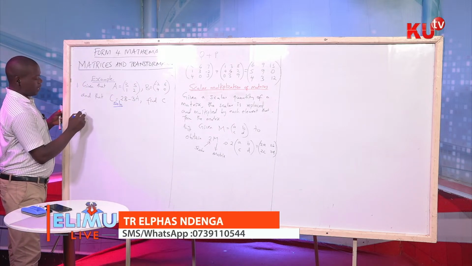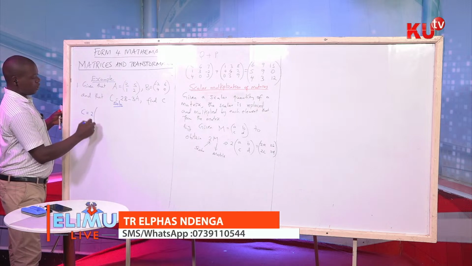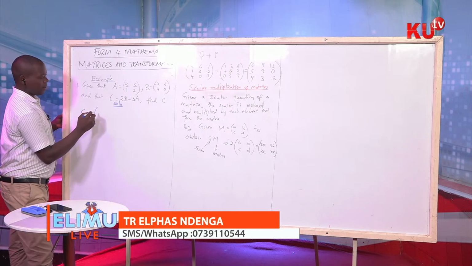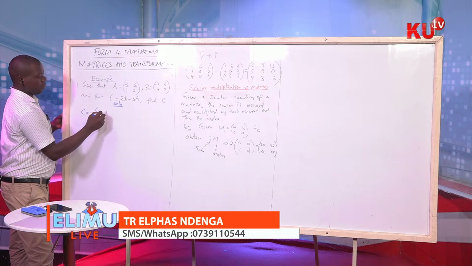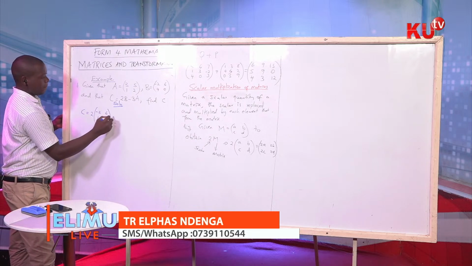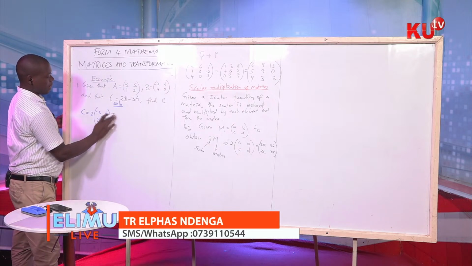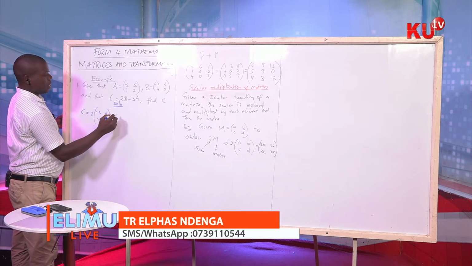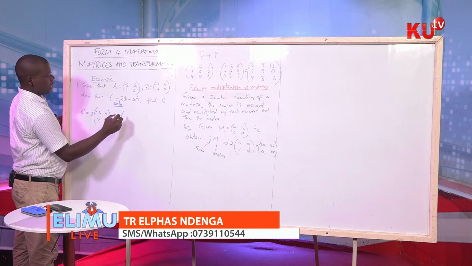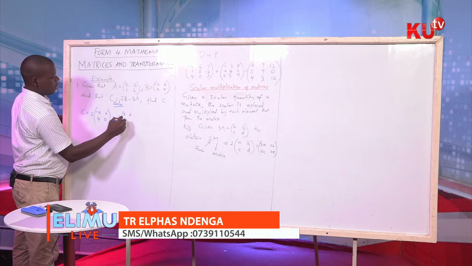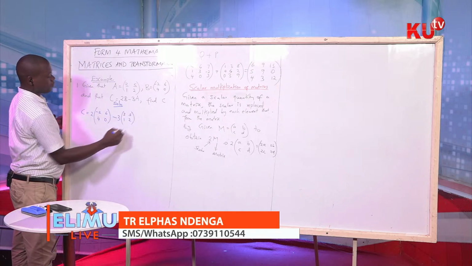So our C will be twice into B, which is -2, 6, 4, 0, less 3 into A, 3, 5, 1, 2.